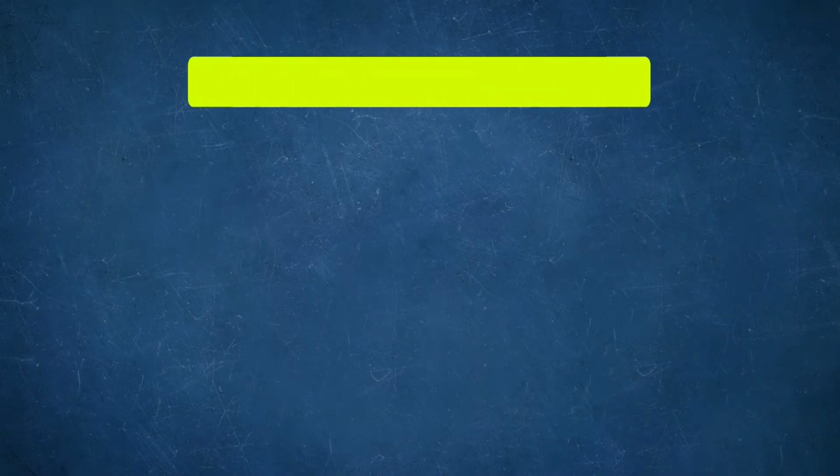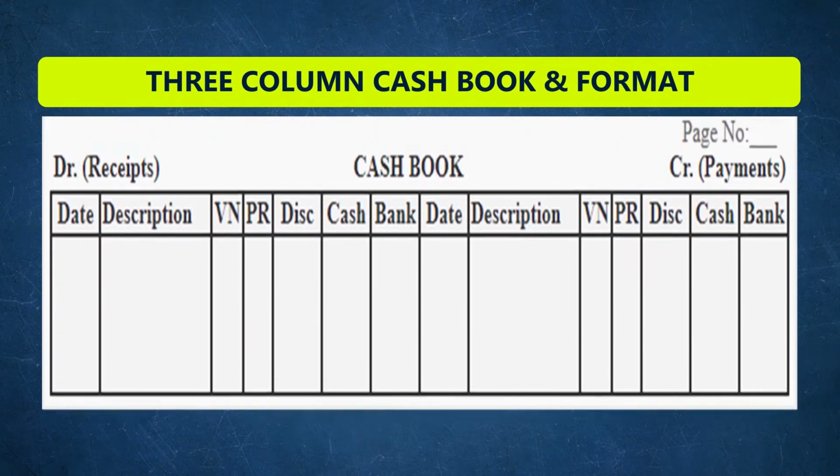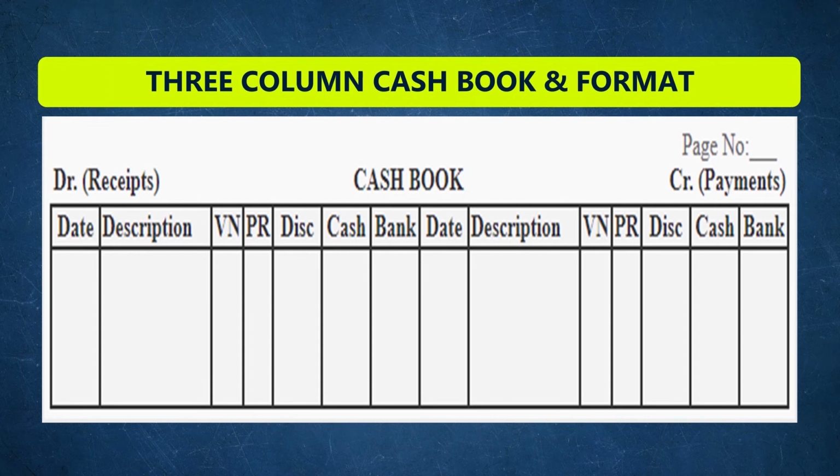Then the next one is the 3-column cash book and its format. So this is the format of the 3-column cash book. Now in the 3-column cash book you will find 7 columns instead of 6, because in the single column cash book there are 5 columns in the debit side and 5 columns in the credit side.